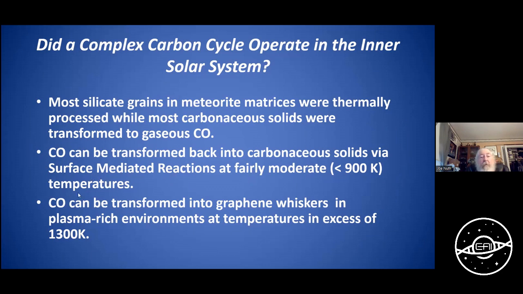If you put carbon monoxide together with the hydrogen and nitrogen, you can form an entire range of new carbonaceous materials, and you can, at very high temperatures, form them into nanotubes and graphene whiskers in plasma-rich environments. So you convert the initial carbonaceous material to CO, and then you convert it back into new carbonaceous solids that are different than the ones that you started with.